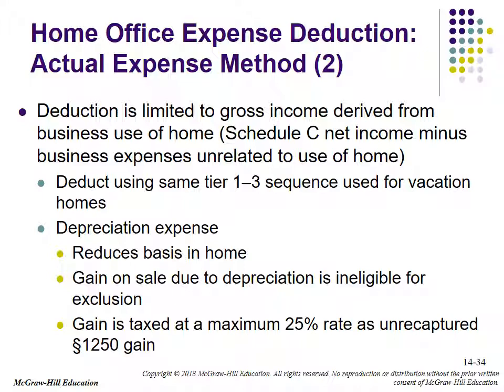So the deduction is once again limited to gross income derived from the business use of the home. So Schedule C, net income minus business expenses unrelated to the use of the home. And just like under the rental, when you have personal slash rental use, you must deduct them in tiers. So it would be mortgage interest, real estate taxes, then everything else, then depreciation.